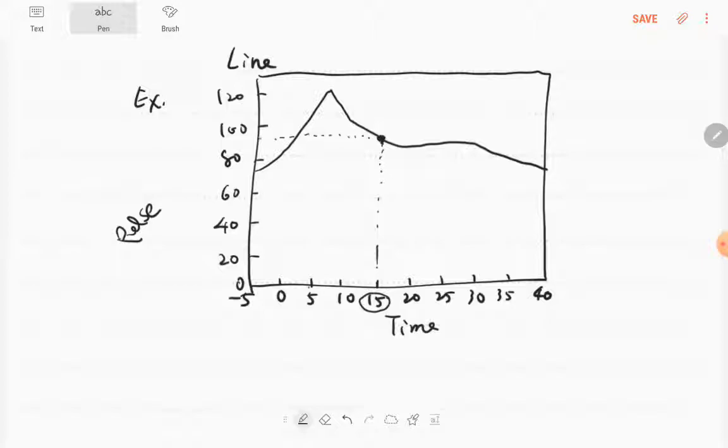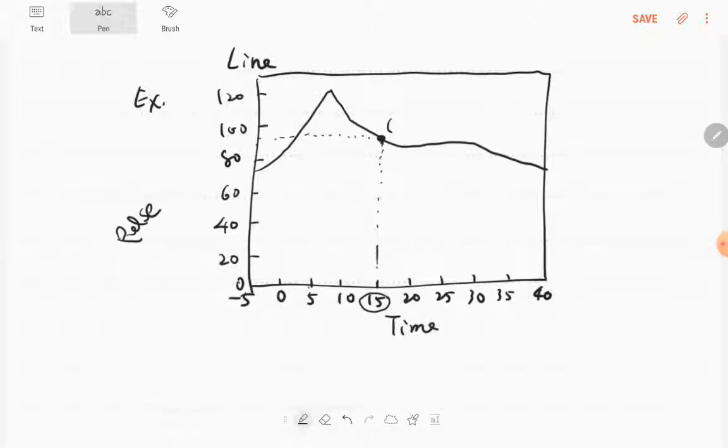Then we realize it's just a little bit above 90, right? If this is 80 and this is 100, in the middle will be 90, so this one will be about 93 or 94, something like that. So we can also use an ordered pair.